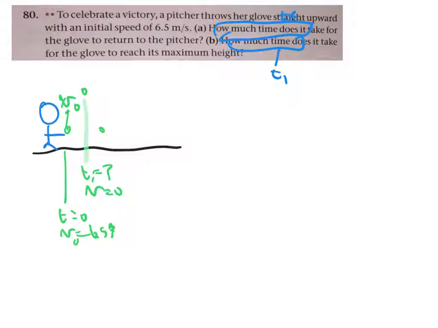So we could also use something along the lines of v at any time is v initial plus ay times t.